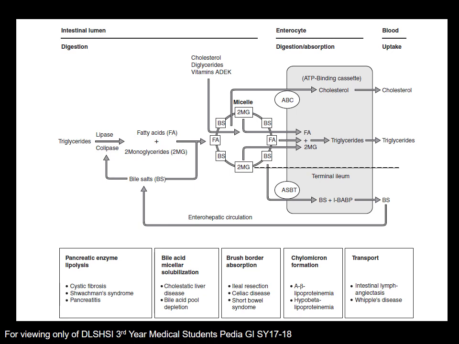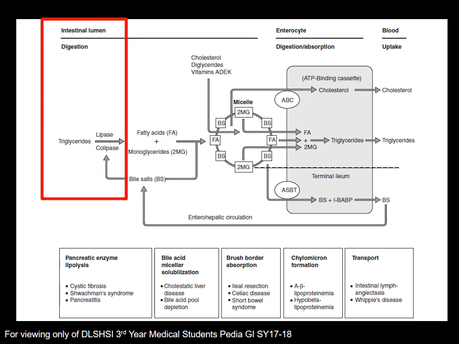Digestion occurs initially in the lumen by lipase and colipase, and bile salts combine with the digestive process to form the mixed micelles. These micelles are then presented to the transport proteins, or ATP binding cassette, which mediate their transport to the brush border. Uptake of cholesterol and triglycerides occurs in the basolateral membrane.